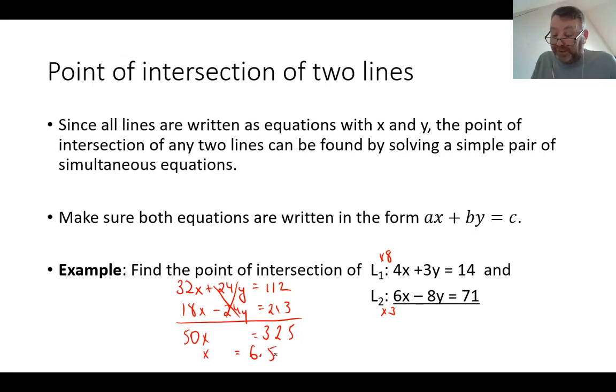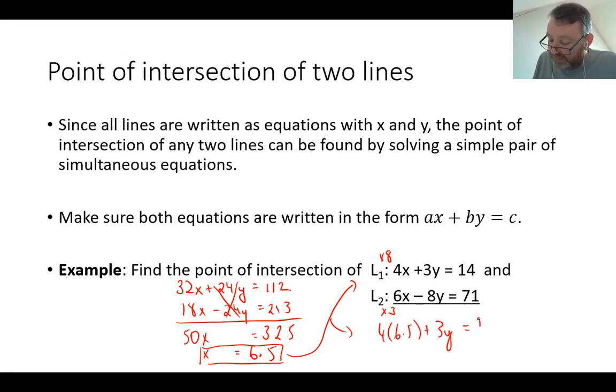Now, how do I get y? Bring the value of x back to the original two equations and choose, let's say, the top one. Put 6.5 in here for x. So that's going to give me 4 times 6.5 plus 3 times y is equal to 14. 4 halves, 2. 4 sixes, 24. 24 and 2, that's 26.